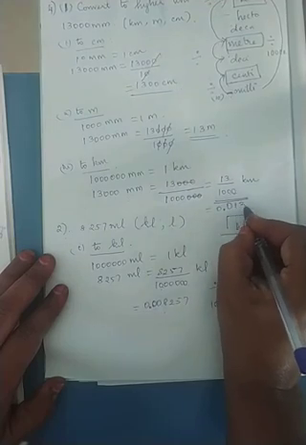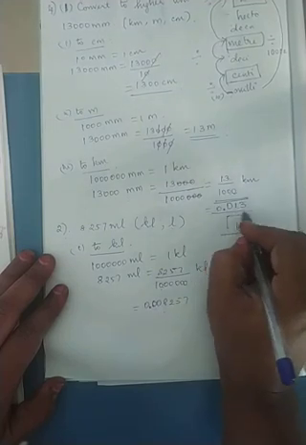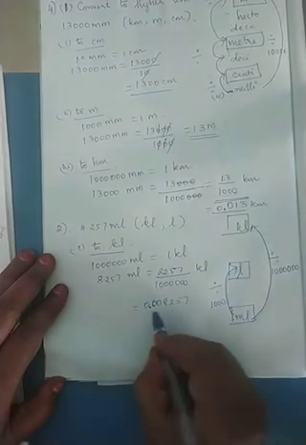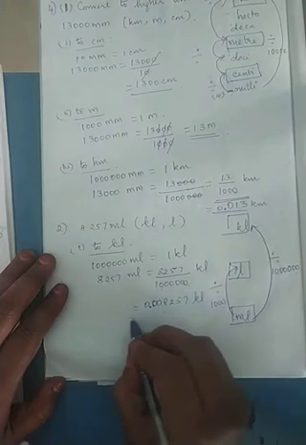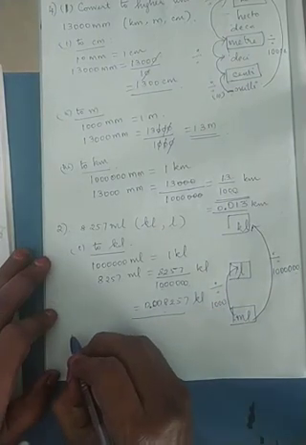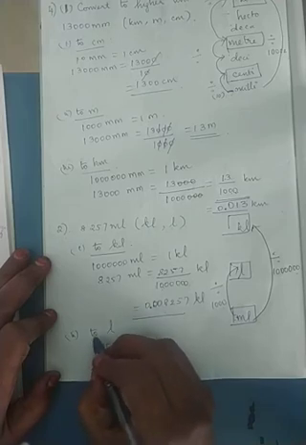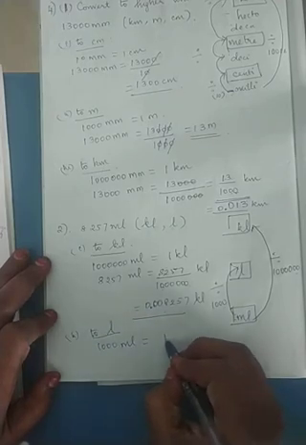Then I will write 13. This is what decimal division is. So this is 0.013 kilometer. This will become 0.008257 kiloliter. Second one is liter. So I can say 1000 milliliter is equal to 1 liter.